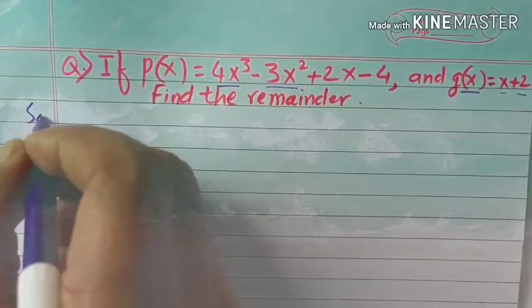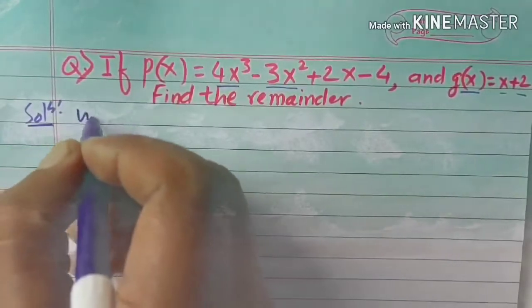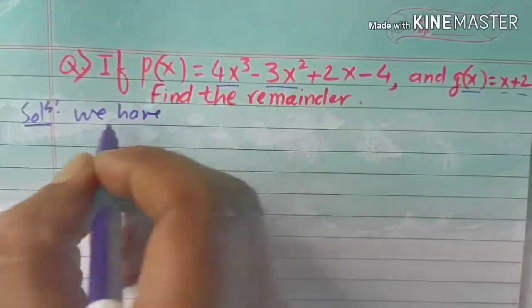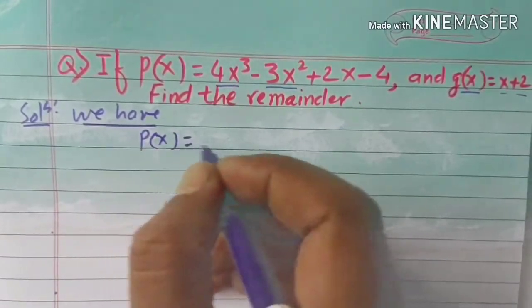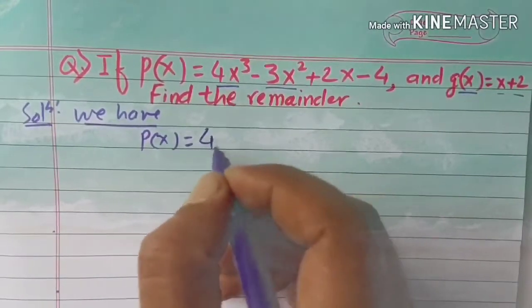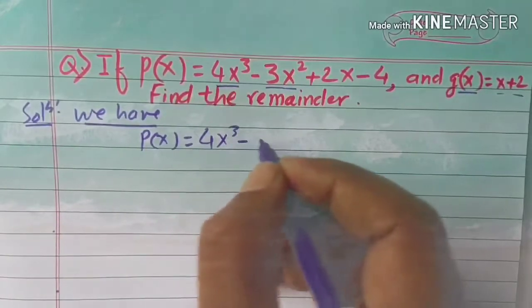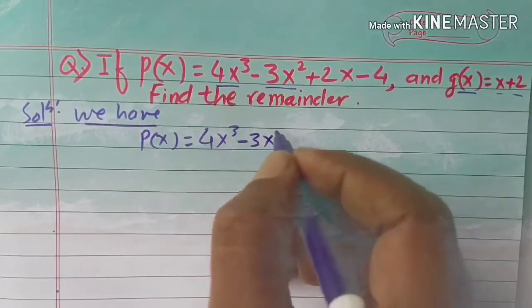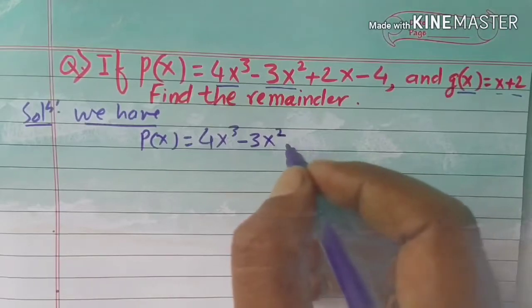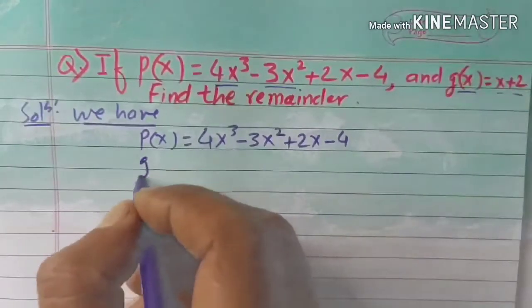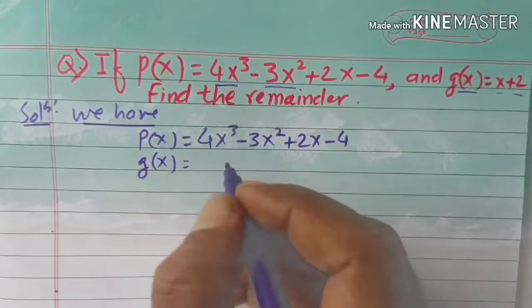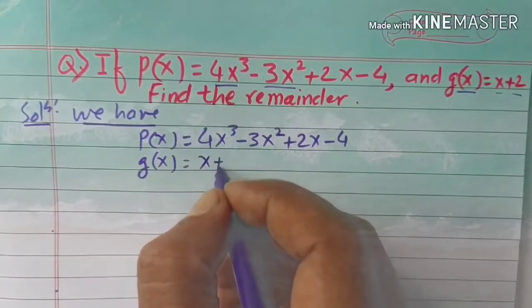Solution is, we have here P(x) is equal to 4x cube minus 3x squared plus 2x minus 4 and g(x) is equal to x plus 2.